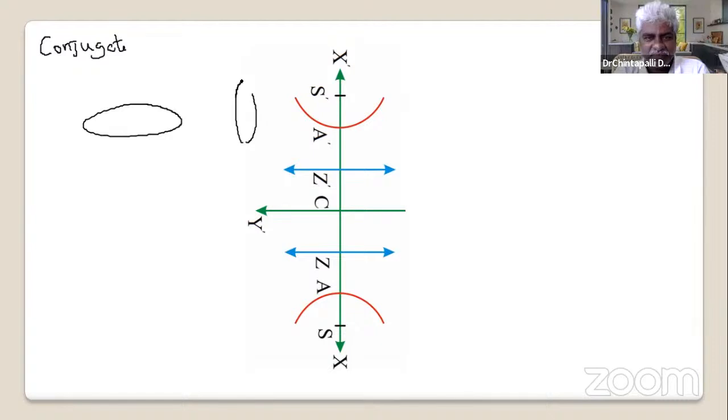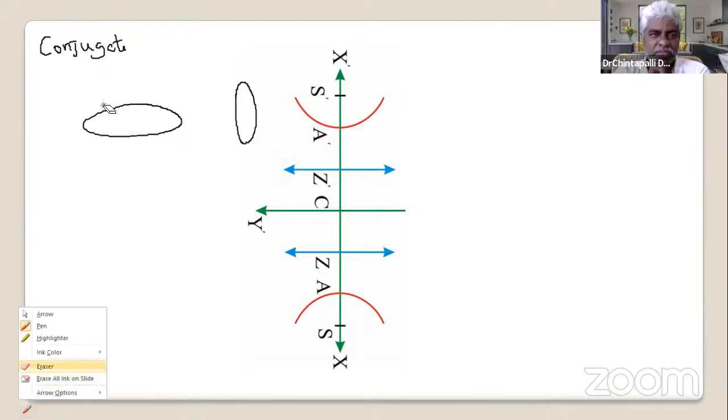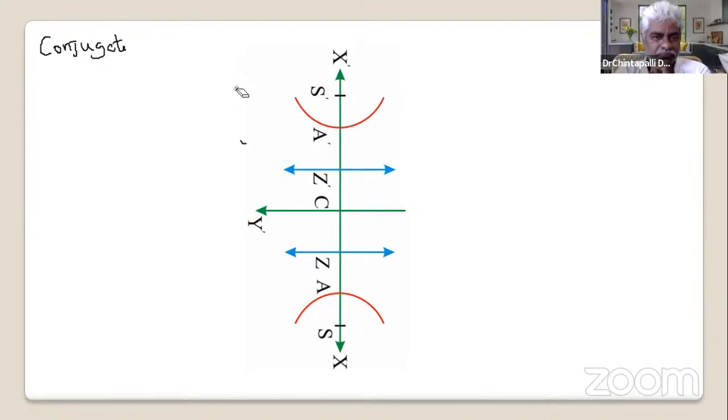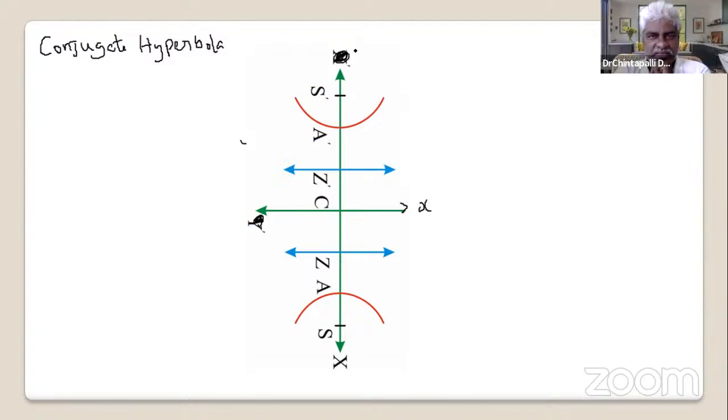The second type of ellipse has no special name, we just call it case two ellipse. But here, the second case hyperbola has a special name, conjugate hyperbola. But it is not the y-axis, it is the x-axis. It is the y-axis.